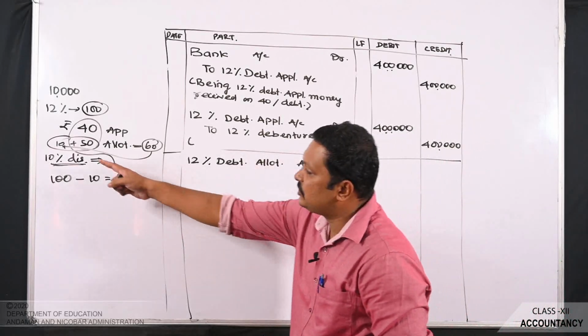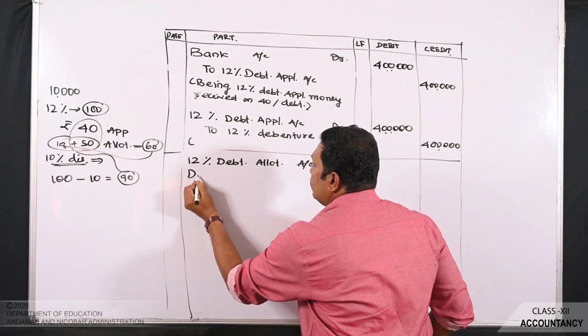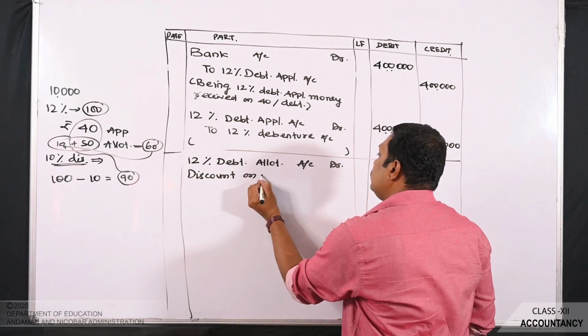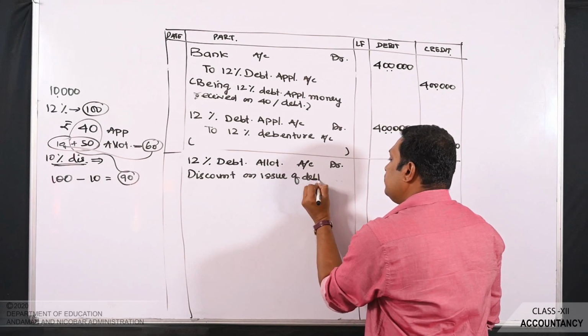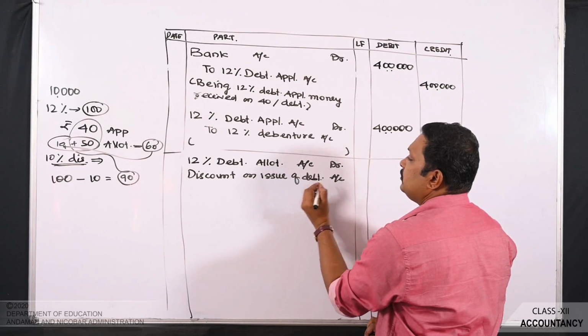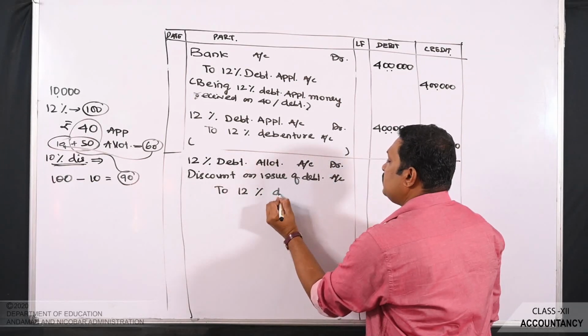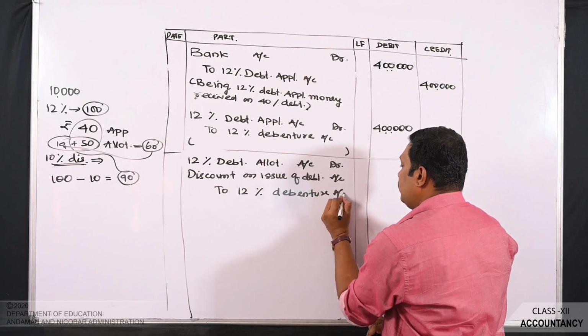Here we have discount, so discount should be debited, no? So you have to write here discount on issue of debenture account to 12% debenture account.